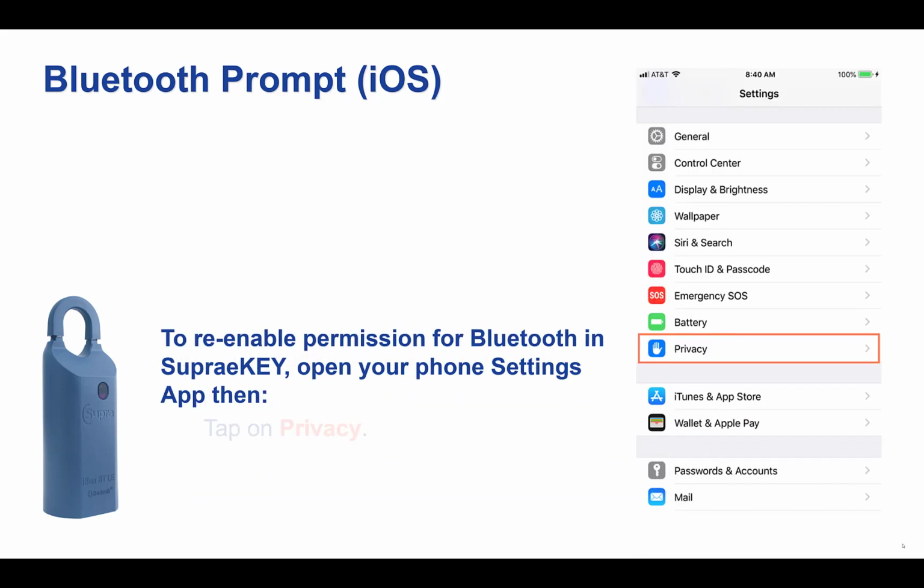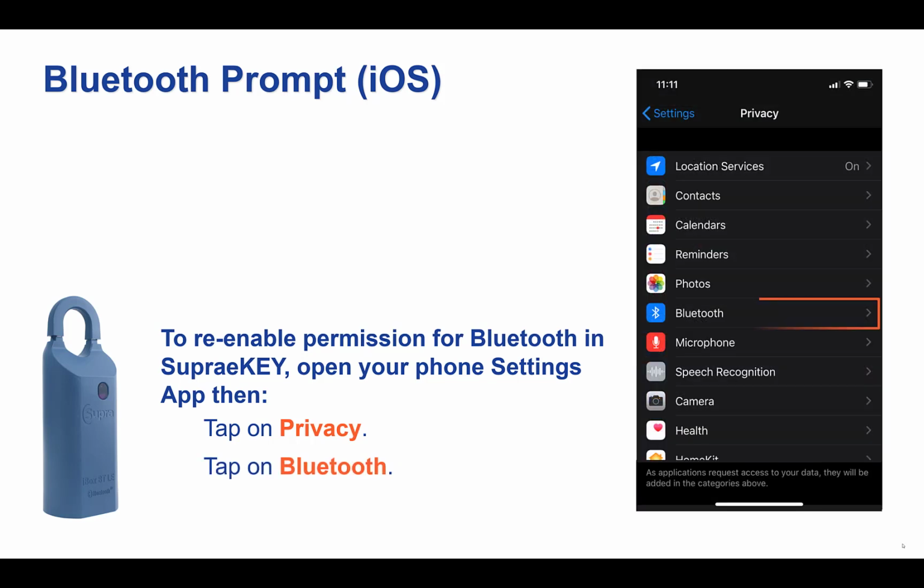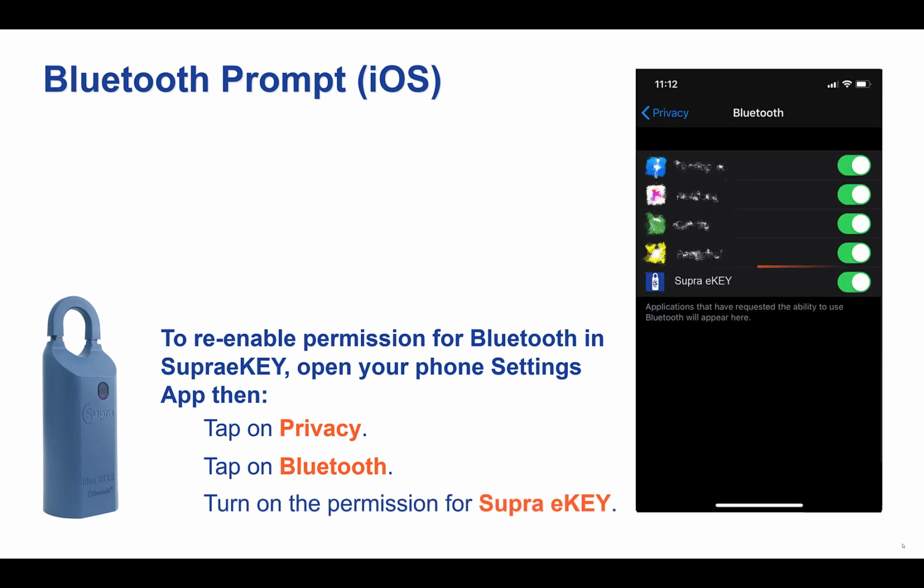To resolve this, you'll need to go into your Settings app for your phone and then tap on Privacy, and then Bluetooth. And then you'll see any apps that request use of Bluetooth, and find Super eKey and turn the switch on the right-hand side on to allow it. Then when you go back to the app, you should be able to access the key box just fine.